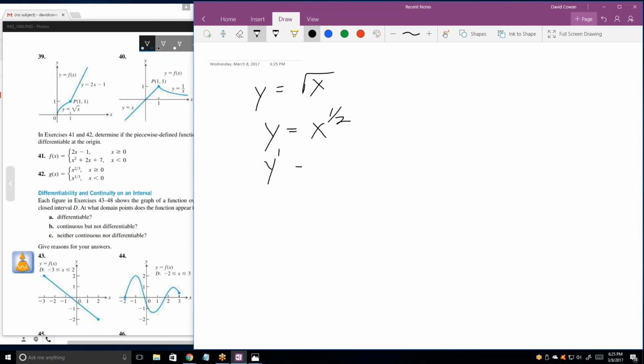So what's y prime? 1/2 x to the negative 1/2. Now, what is y prime at this point, which is x equals 1? See what I'm doing? In other words, I'm trying to figure out what the derivative is at that point, and I'm checking it from the left-hand side first.